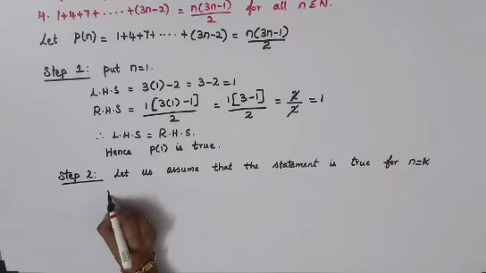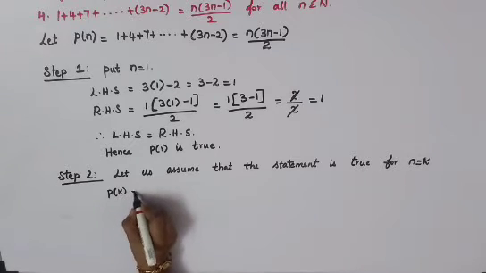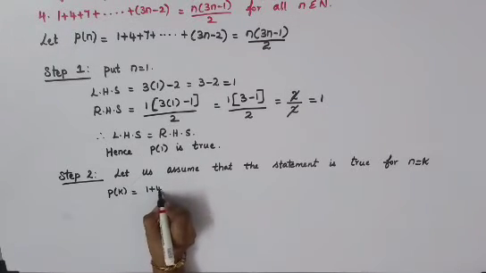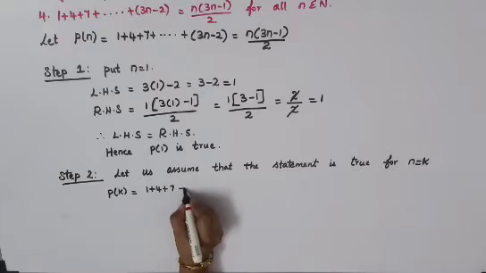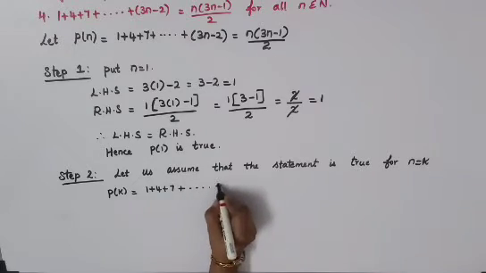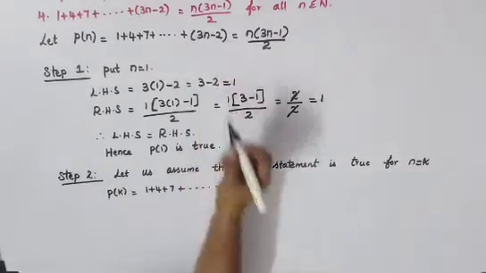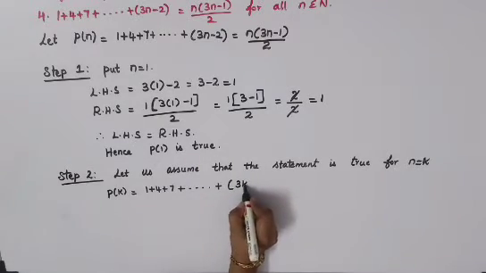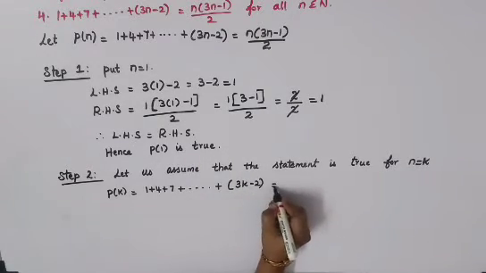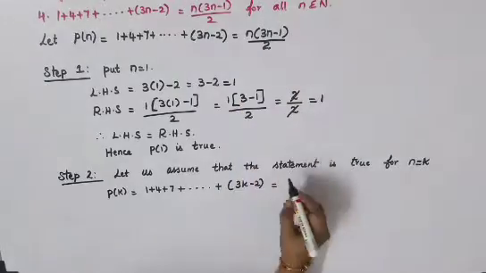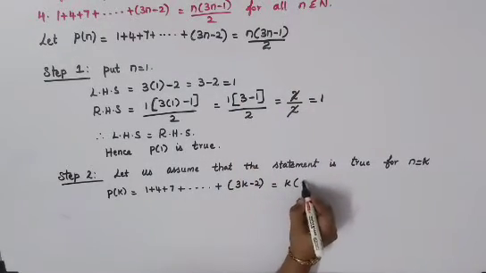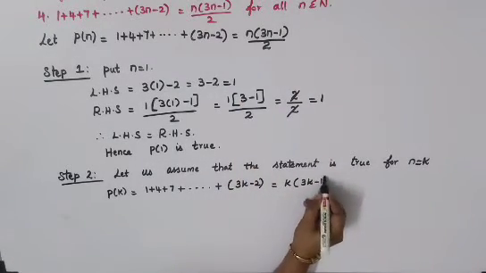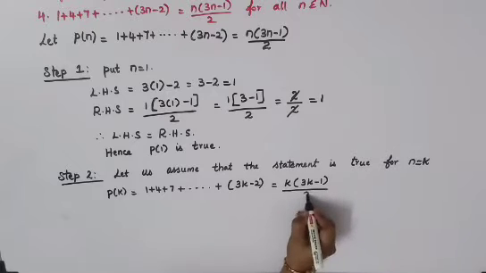Okay, so P of k is equal to 1 plus 4 plus 7 plus etc. plus here 3n minus 2. So 3k minus 2, which is equal to, in the place of n, put k. So k into 3k minus 1 divided by 2.